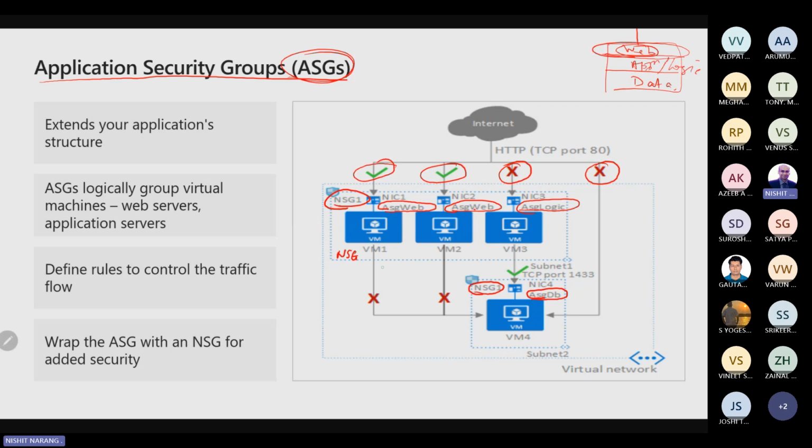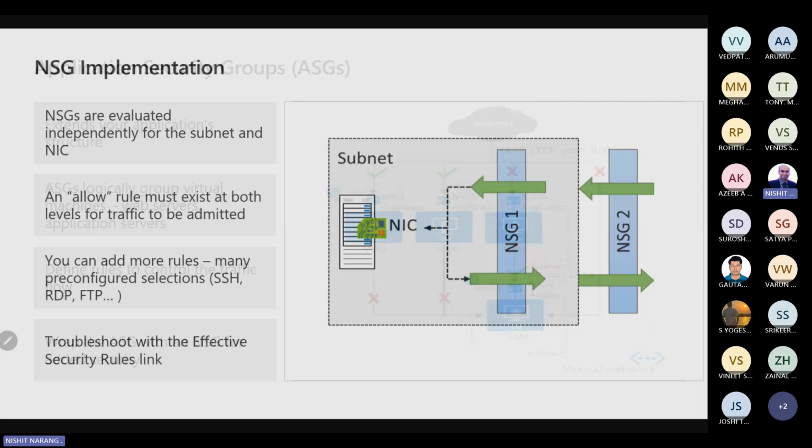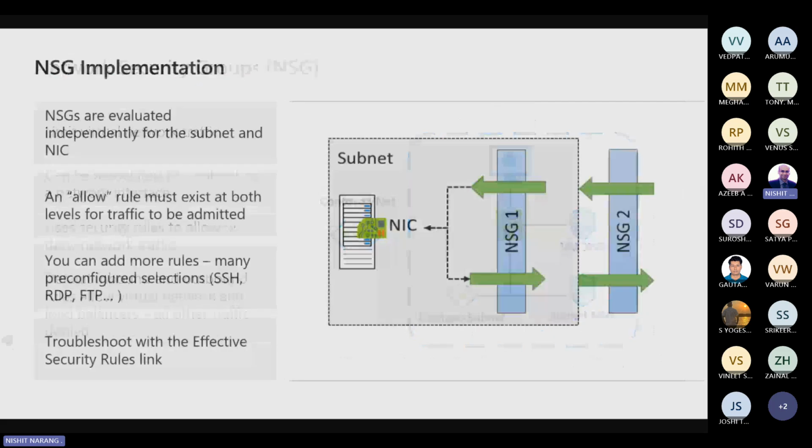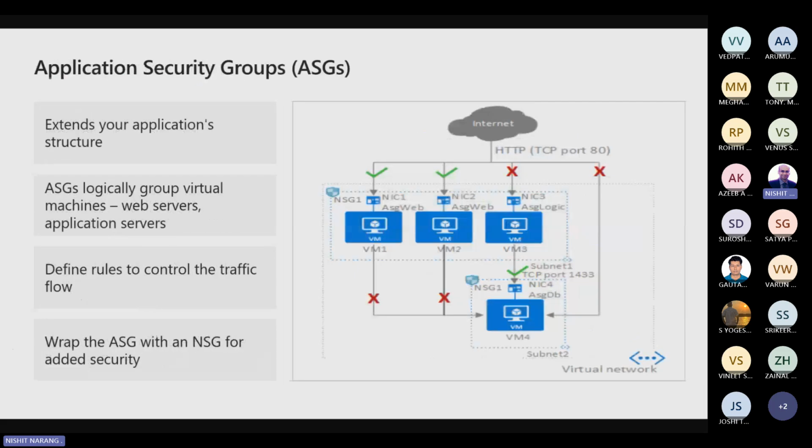Now I can say web traffic can talk to the logic layer, but it cannot directly talk to the database tier. Web tier cannot bypass and directly communicate with data tier. That's not allowed. This is not allowed. So that is the process you see. All of this I can do with setting flow rules at the ASG level.